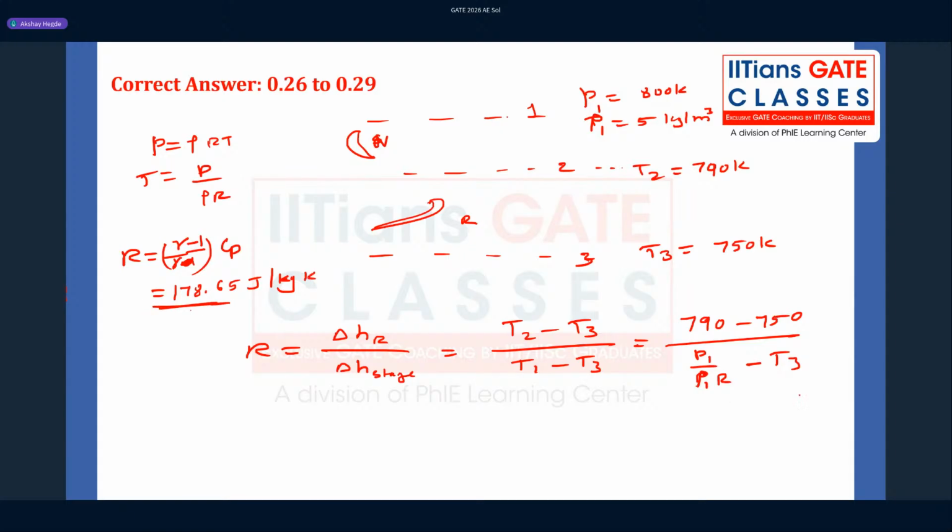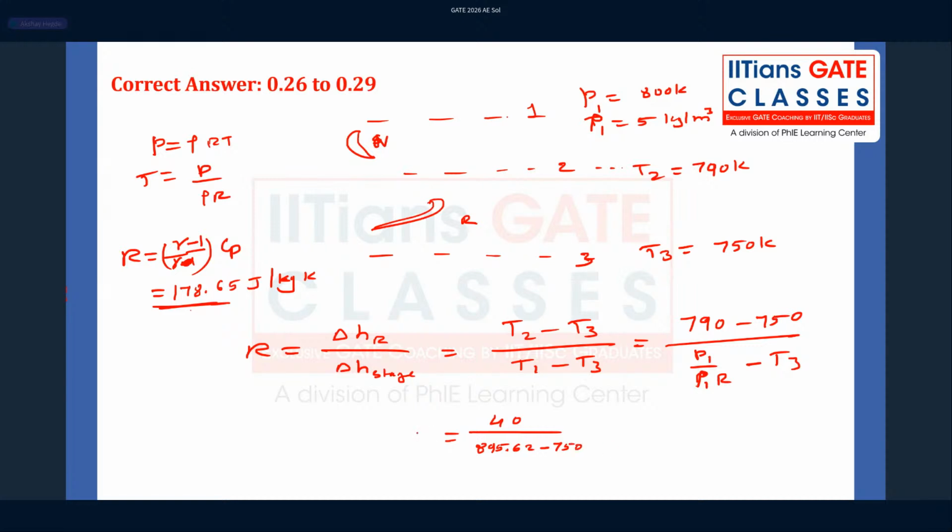Substitute back over here and you should be able to get T1. So 790 minus 750 is 40, divided by 895.62 minus T3, and T3 is 750.